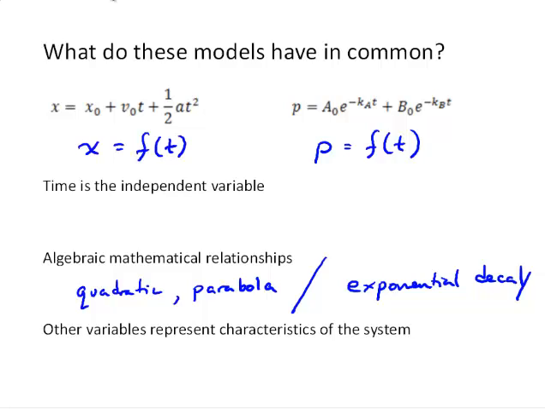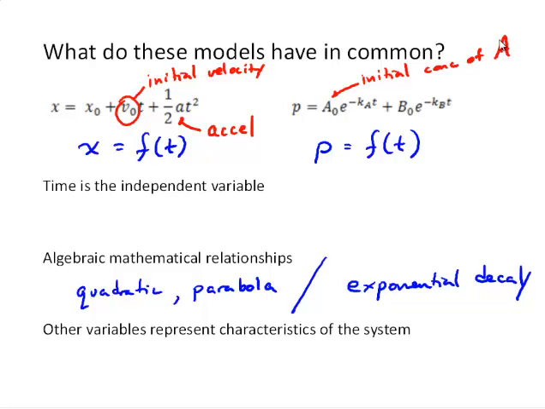For example, the initial velocity in the kinematics model, or the constant acceleration of the particle in the kinematics model, or in this case we have the initial concentration of organism A in the population decay model, and then the two decay rates, Ka and Kb. So these are two different models from very different areas of science and engineering. However, they do have a lot in common.